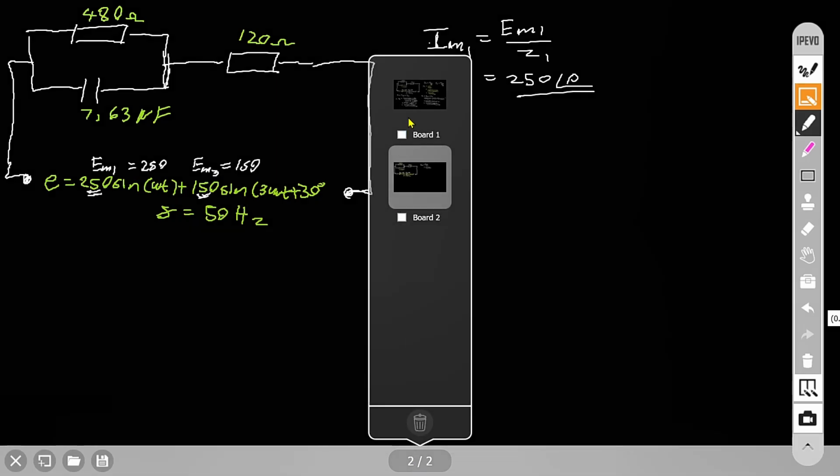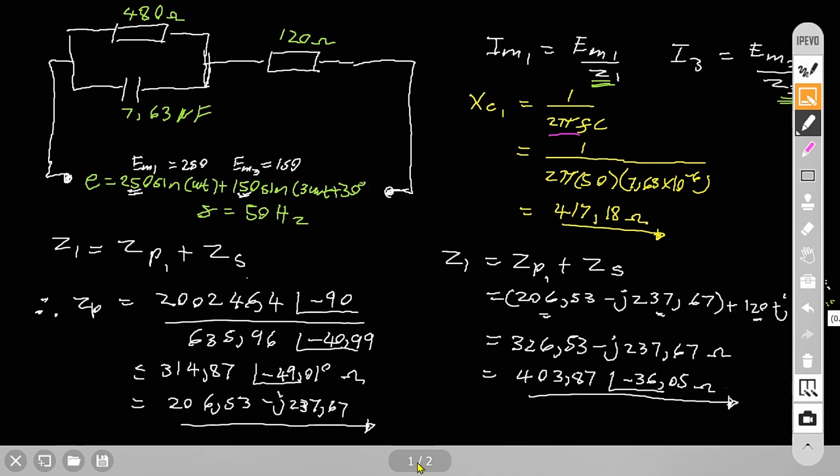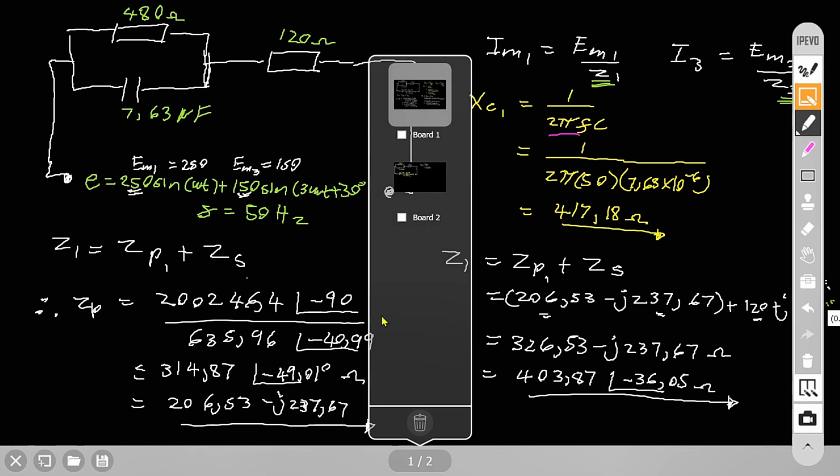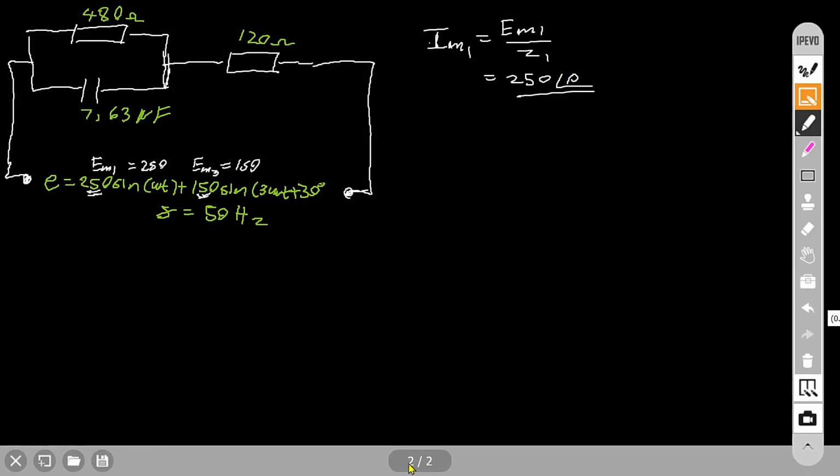If you go to the previous slide, you will see how that one is 403.87. So our Z1 is 403.87 into the angle of 36.05. Right.